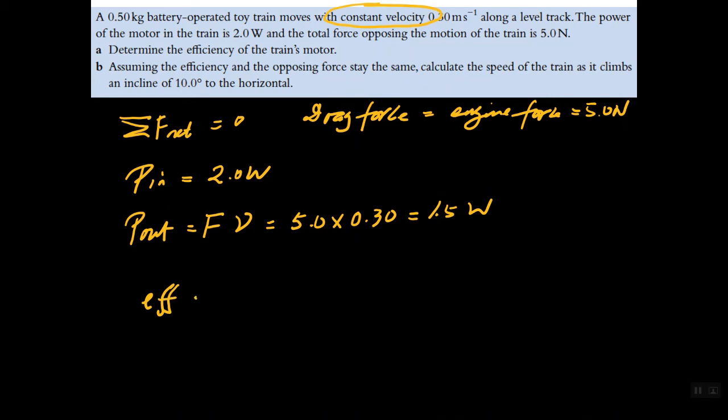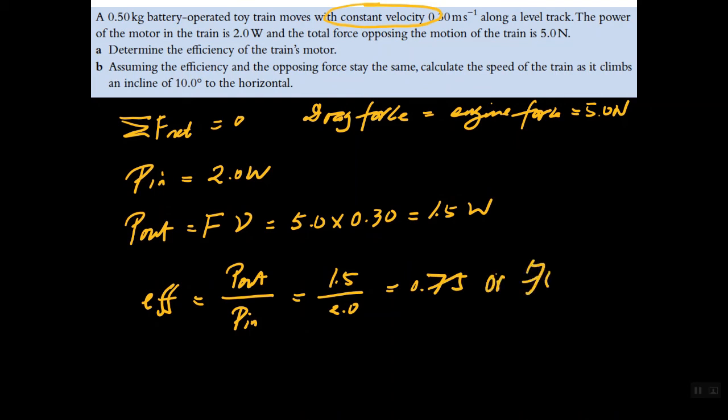Efficiency equals output power divided by input power. Output power is 1.5, which is the useful power used in moving the train, and total input power is 2. That gives us 0.75, which is 75%. The efficiency of the train motor is 75%.